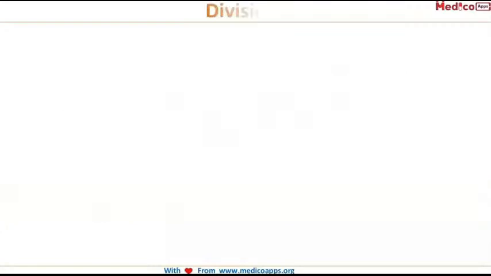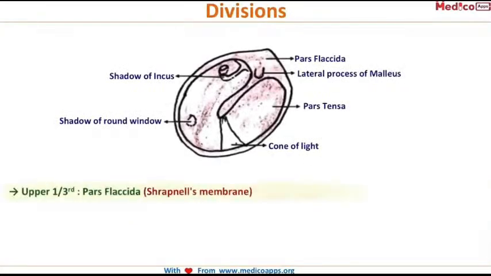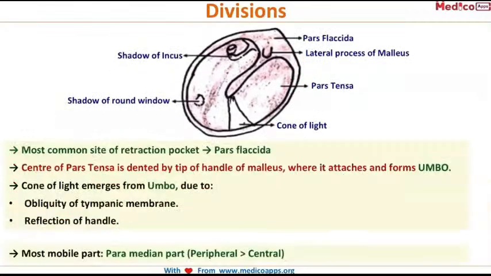Okay. Now we have just seen there are two divisions, that is the pars flaccida and the pars tensa. Pars flaccida is forming the upper 1/3 and pars tensa is forming the lower 2/3. So the most common site for formation of a retraction pocket is pars flaccida. Okay, and the center of pars tensa is dented by tip of the handle of malleus, where it attaches and forms the famous umbo.